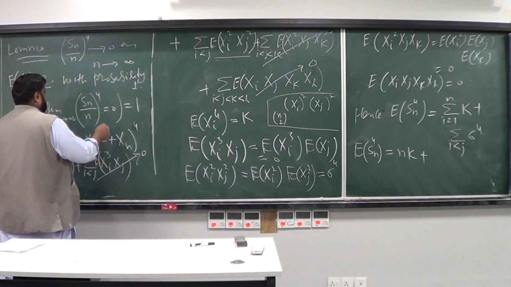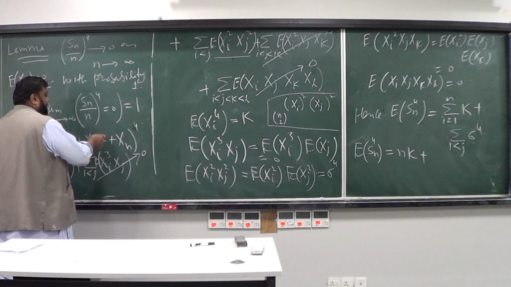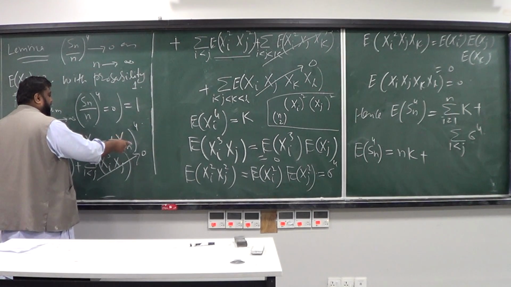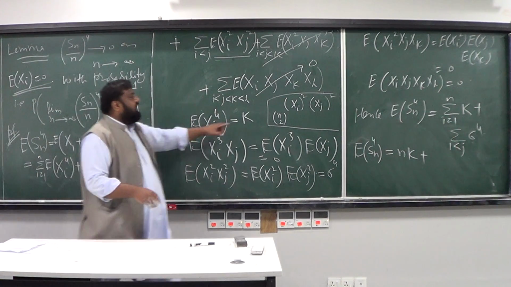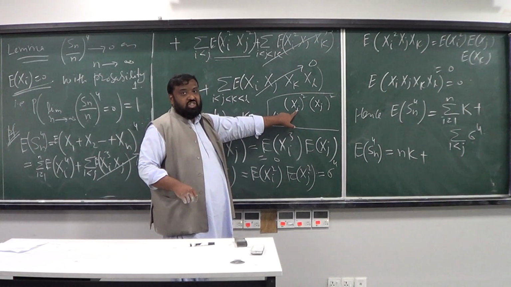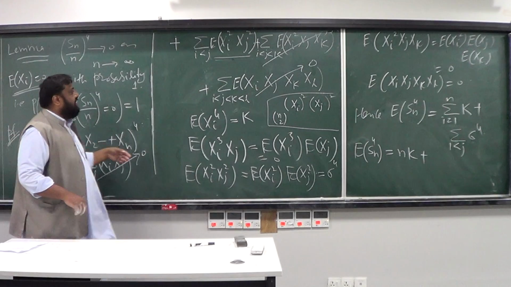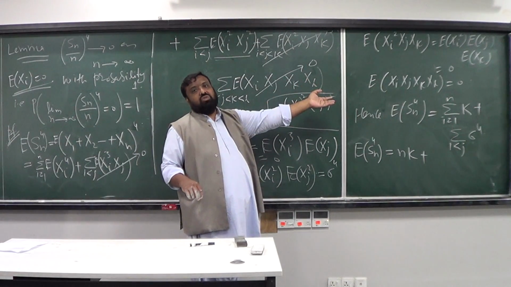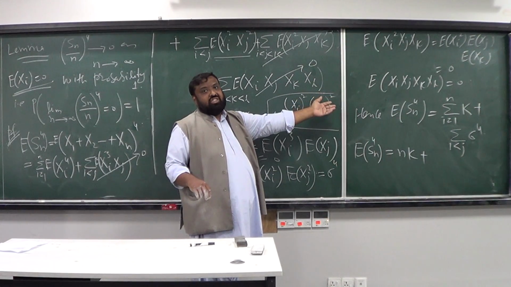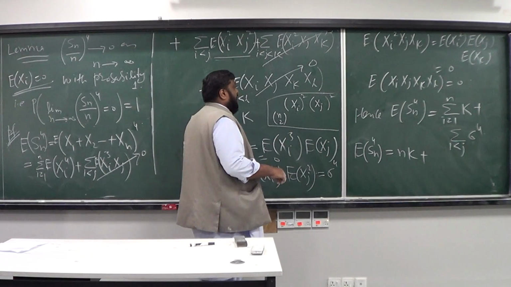If you take this bracket and multiply it with itself 4 times, then to get such terms, out of 4 brackets, from 2 brackets I am choosing xi, and from the rest of the 2 brackets I am choosing xj.